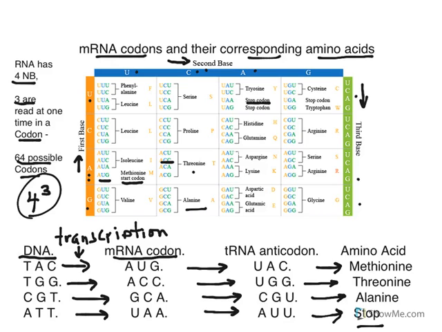Then the mRNA codons are being read and translated at the ribosomes during the process of protein synthesis, also called translation. And your end product is the protein that's being formed according to the sequence of bases on your mRNA molecule.